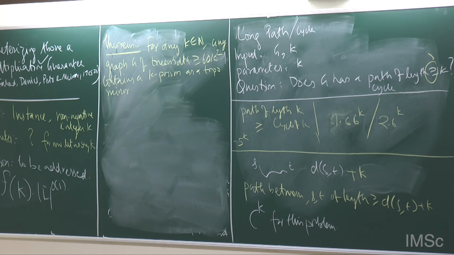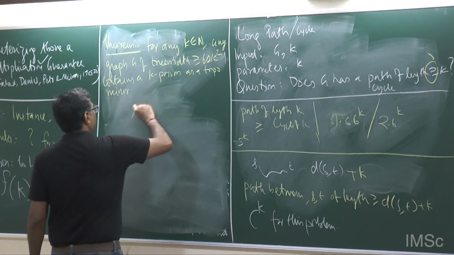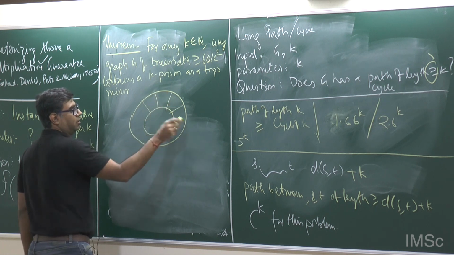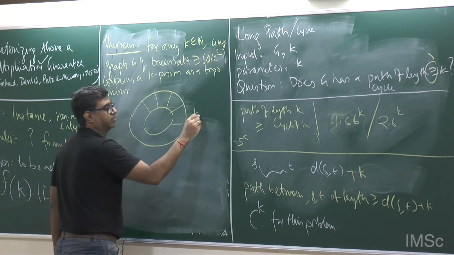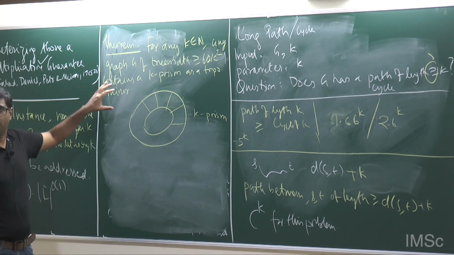So there will be a mapping. What is a prism? This is what is called a k-prism: if you have a structure like this, and if you have k such sticks, then this particular structure is called a k-prism. And what is the meaning of as a topological minor? I will take this k-prism.